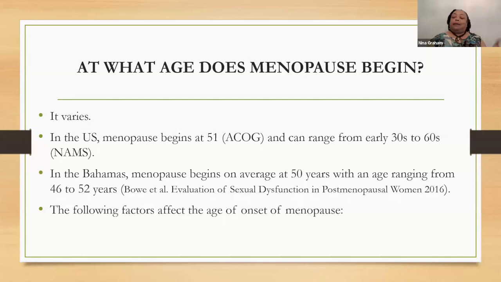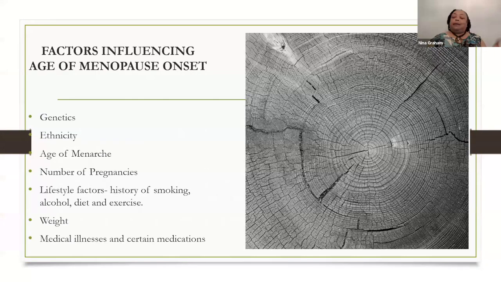So again, it varies. And the factors that determine the age at which menopause will begin is genetics. So a lot of times I ask my patients, is your mom still alive? Your sisters? Find out when they went through menopause, and that's around the time you may go through menopause.